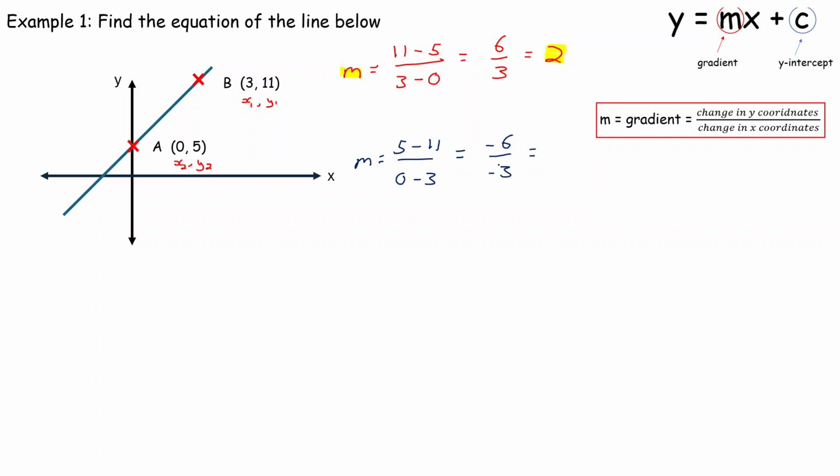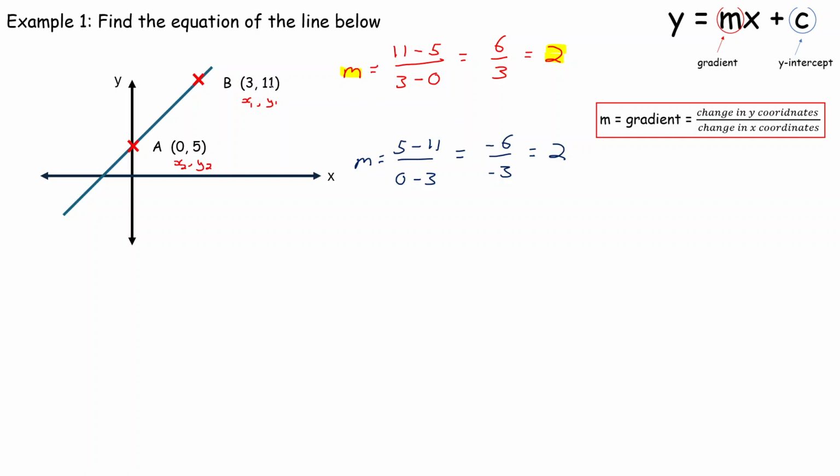Dividing two negatives, you get a positive answer, so minus 6 divided by minus 3 gives positive 2. Either way, whether you start with the b coordinate first, as we did in the first one, or the a coordinate first, you will get the same answer. But what is really important is that you're consistent with what you do.